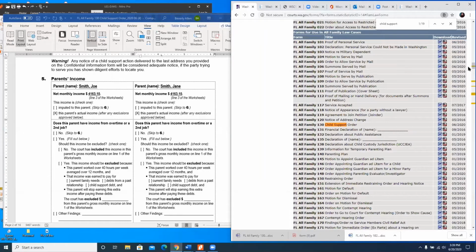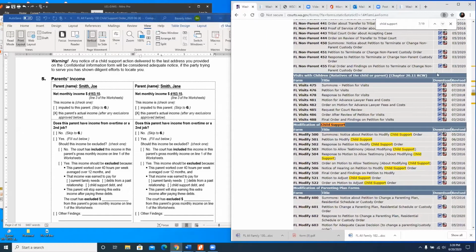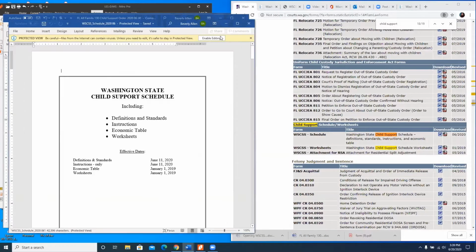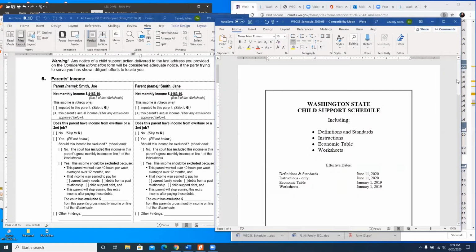And I'm going to look for the child support instructions. Here we go. That's going to be on the standards and definitions and schedule. So this is WSCSS schedule. Because I don't recall off the top of my head what the different figures are.